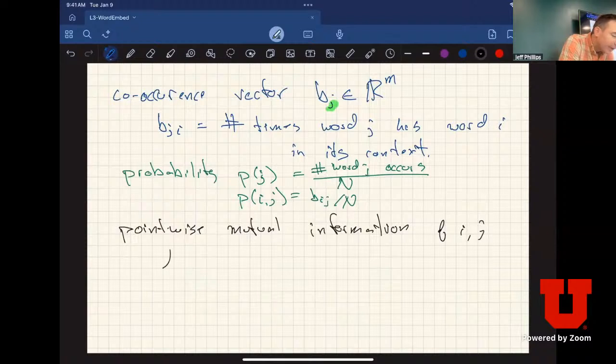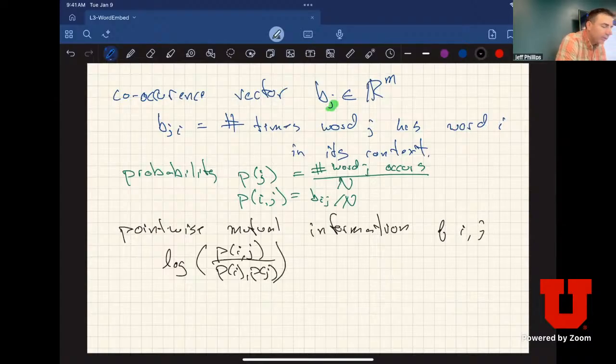And so this will be the log of P_ij divided by P_i times P_j. Okay, so if they occurred together in the same context much more than I would expect individually, just from the probability i occurred and the probability j occurred.